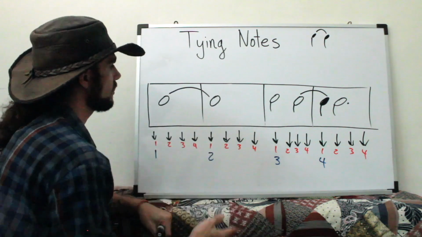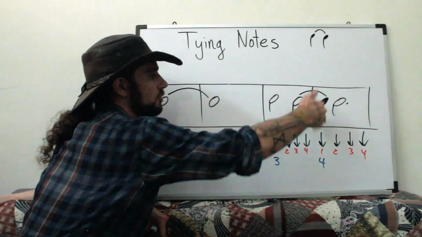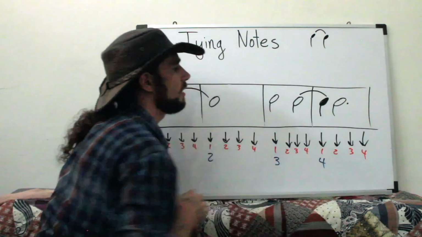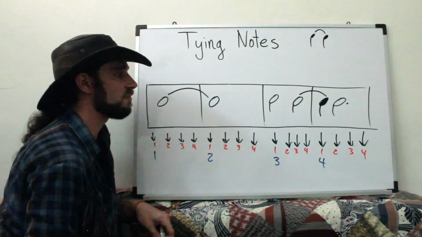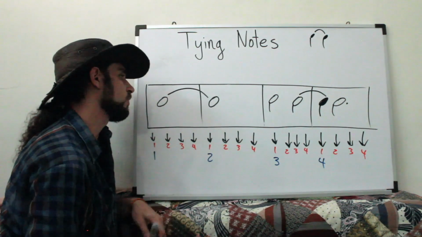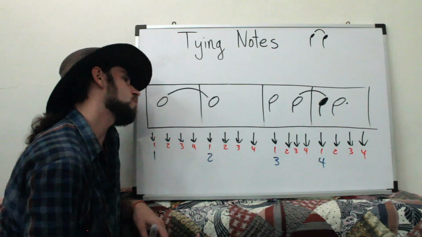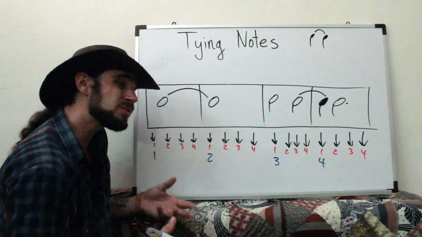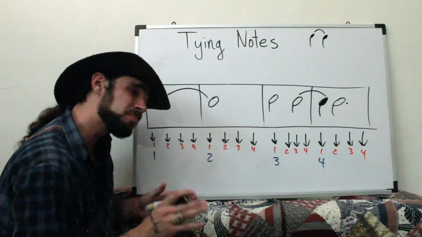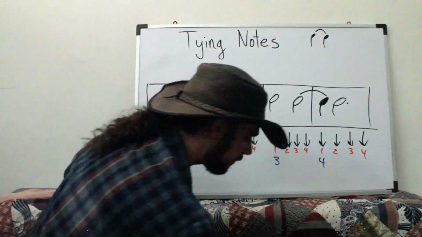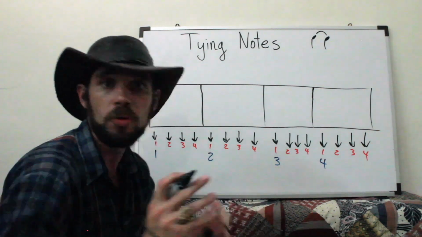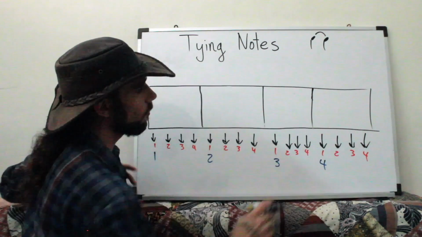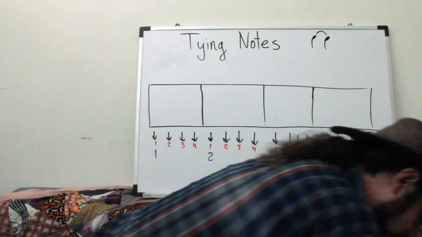So it's like the measures aren't even a boundary anymore when you can just tie into the next one. This is very useful for making rhythms look visually a little more appealing. I'll show you what I mean. I'll give you a couple more examples here using this 4-measure exercise.